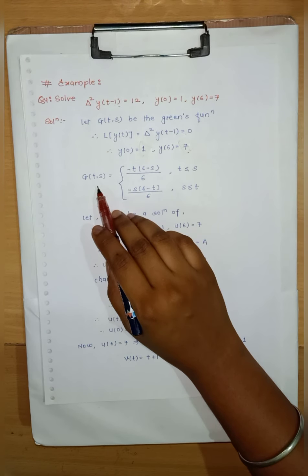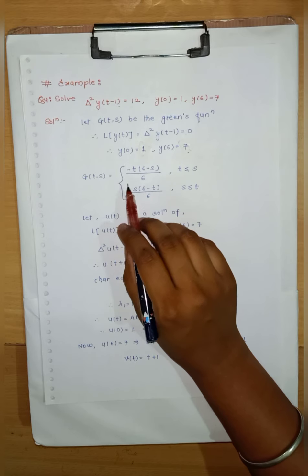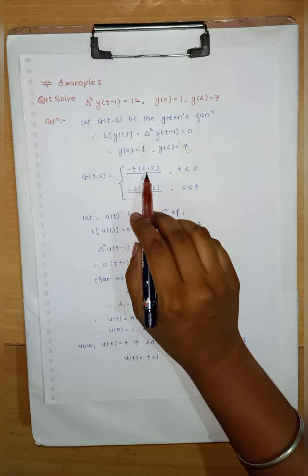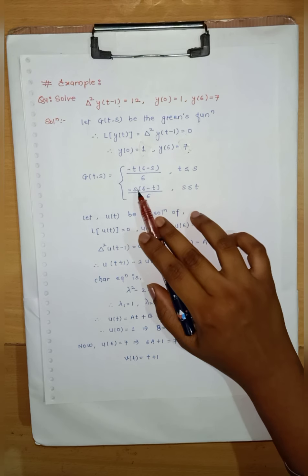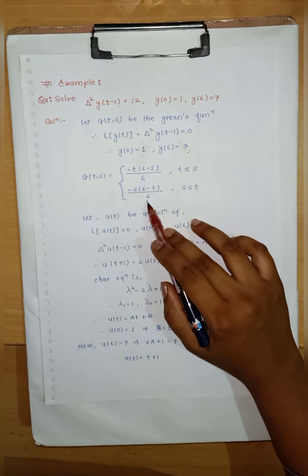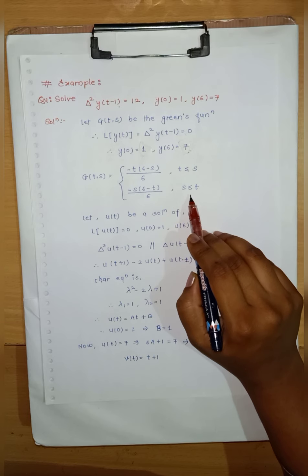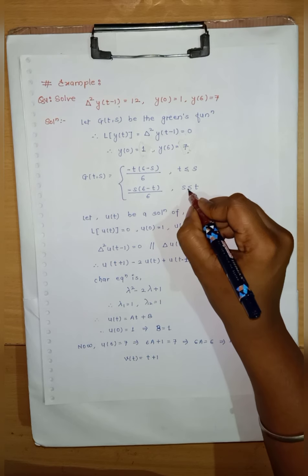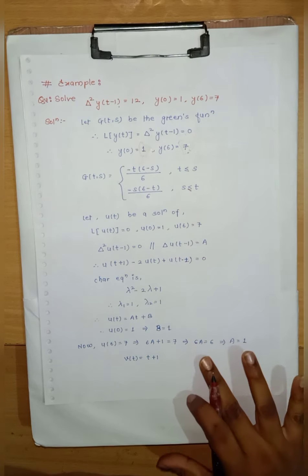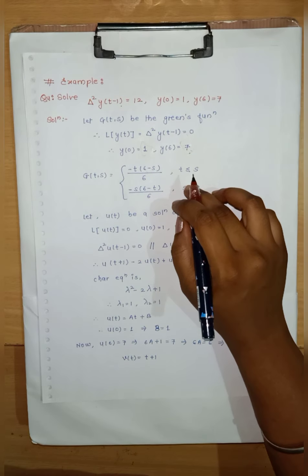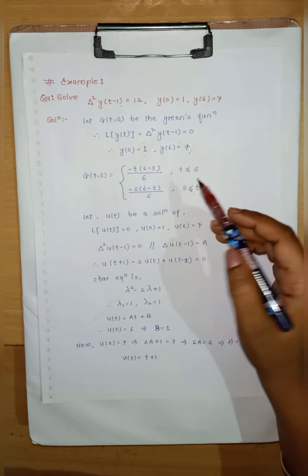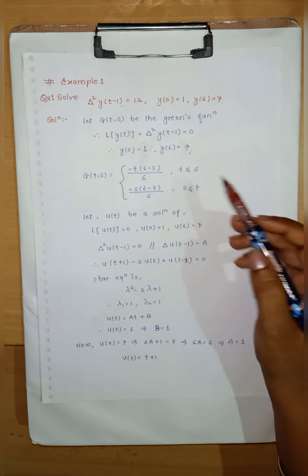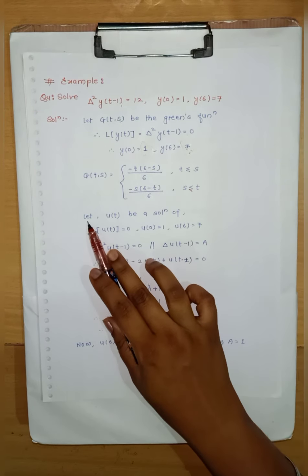And g(t,s) equals: -t(6-s)/6 when t is less than or equal to s, and -s(6-t)/6 when s is less than or equal to t. So this you will get in the given example that you have to solve, and these are the two quantities. Now let's move further.